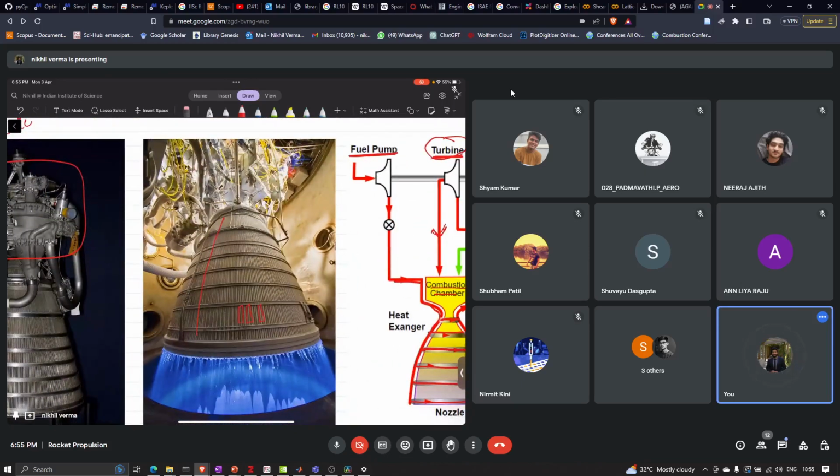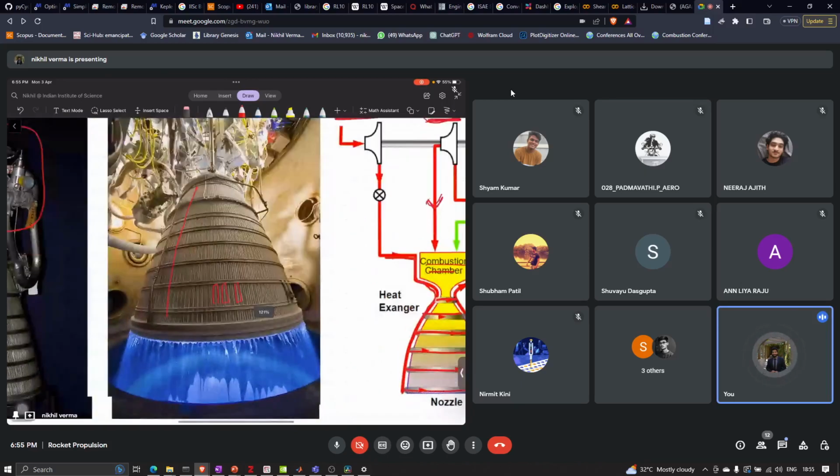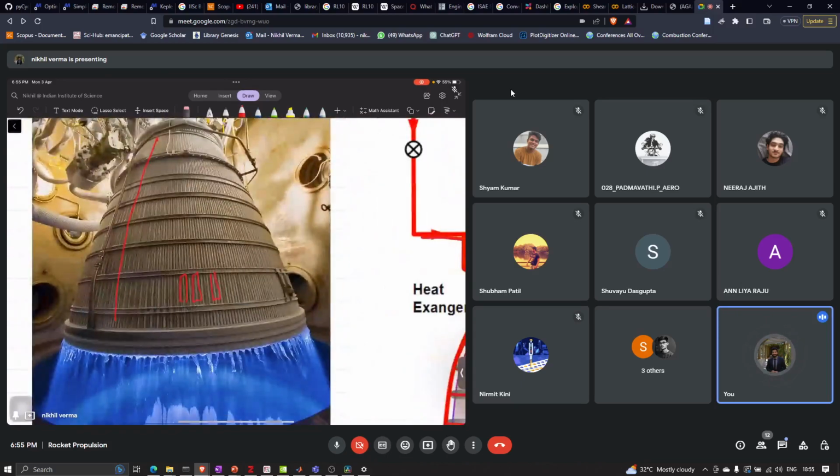In this, what they used to do is feed liquid hydrogen into this chamber, and this cools the nozzle part.